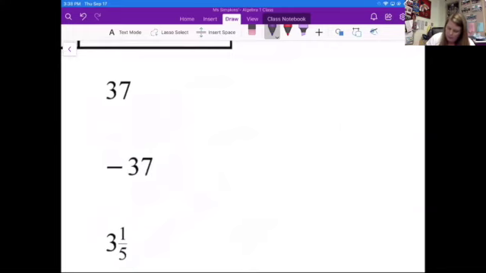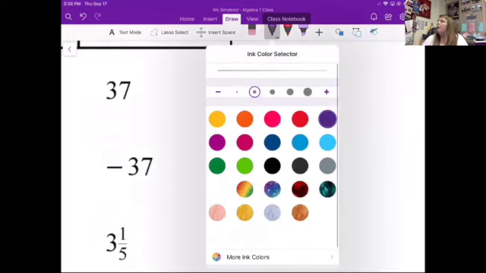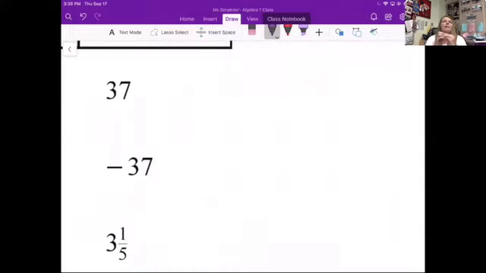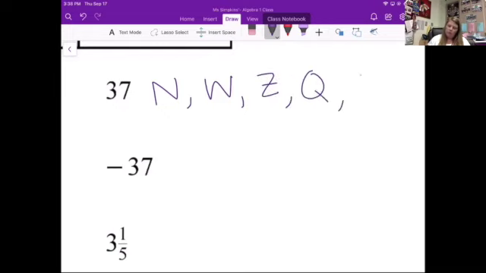Okay, so let's talk about these 6 numbers and where they should go. So let's start with 37. What would be the most specific category that we could place 37 into? Yeah, natural, I agree. So natural numbers, and because it's natural, that means it's also whole, it's also an integer, rational, and real. Whew. All of those.